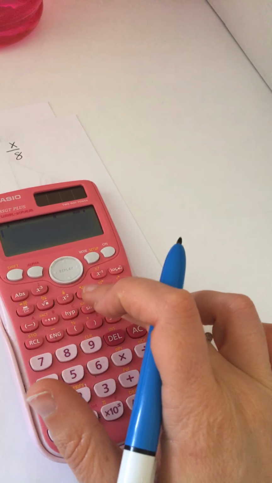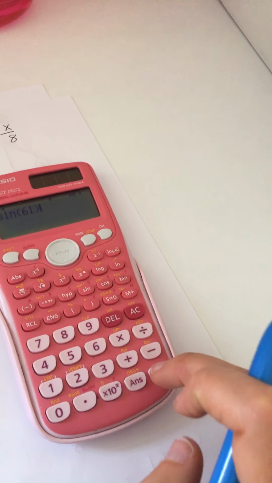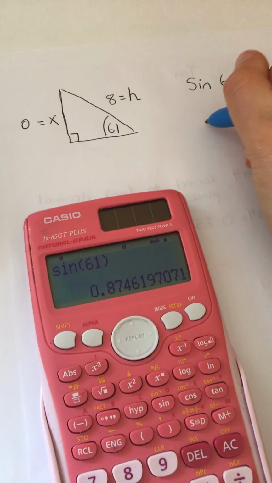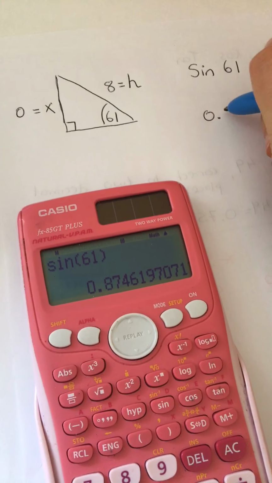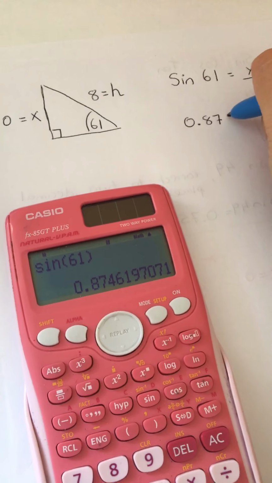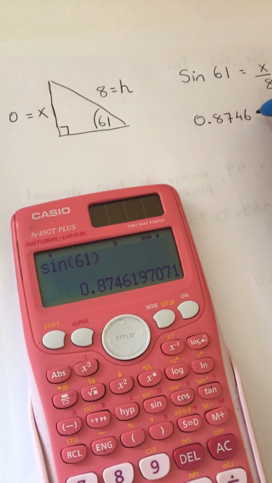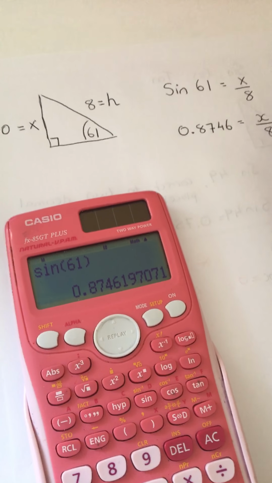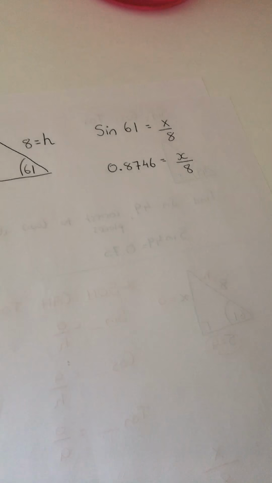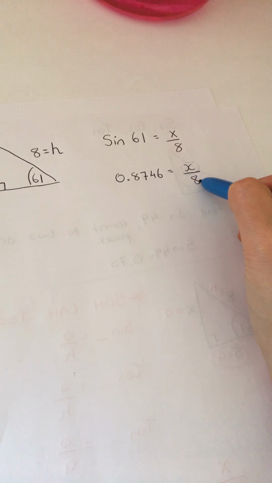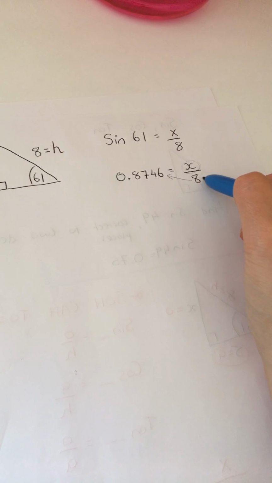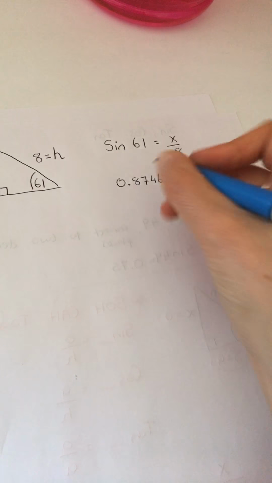Well, let's go back to our calculators like we did in the first part of the question. Sine 61 equals, so we'll get it to 4 decimal places just to be really accurate. 0.8746 equals x over 8. And we want that x on its own, so I'm going to bring that 8 over, and it's been divided here, so it must be multiplied on the other side.